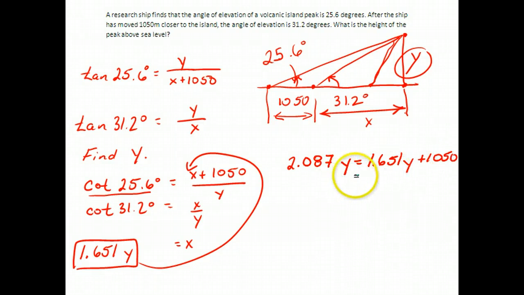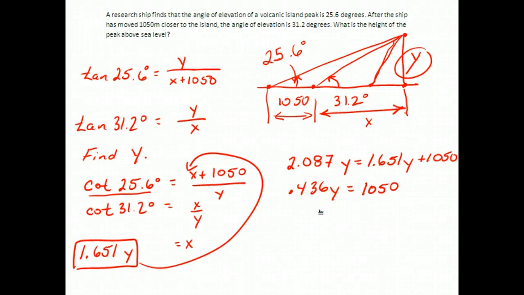So now all I need to do is solve for y. 2.087y minus 1.651y, so over here I've got 0.436y is equal to 1050.